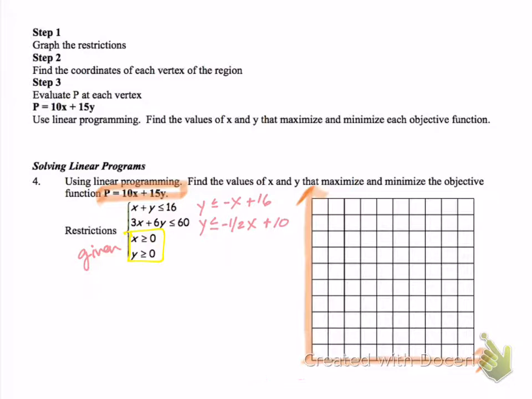So I do not have 16 points, so I'm just going to count by 2s for my scale. So to graph the top one, I'm going to put a y-intercept at 16, and it's a -1 slope, so it just goes down like this.